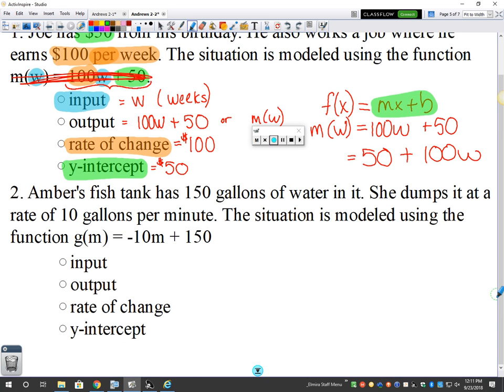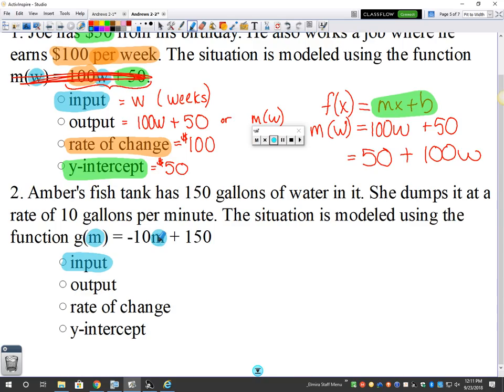She dumps it at a rate of 10 gallons per minute. The situation is modeled using the function g of m equals negative 10m plus 150. So here again, inputs are variables. That's the m.